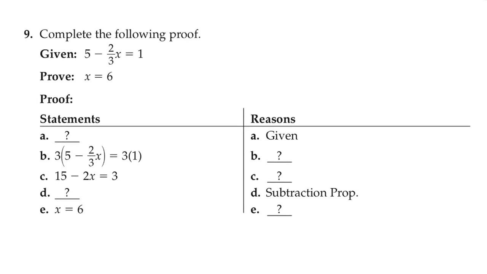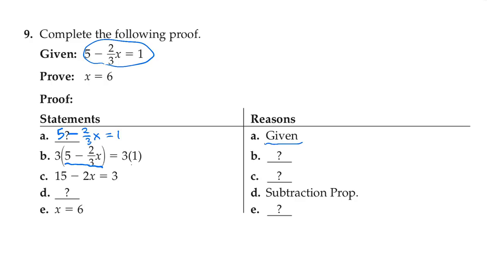So the book actually started these for us. Let's go ahead and finish them, okay? So what goes first? A here, it says the reason is given. That's a dead giveaway. What was given to us? This was given. So this is 5 minus 2/3 x equals 1. Okay, then the next step shows they multiplied both sides, right?